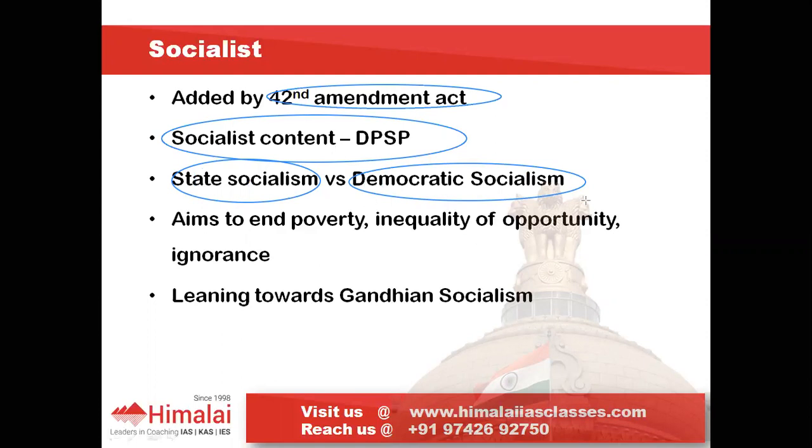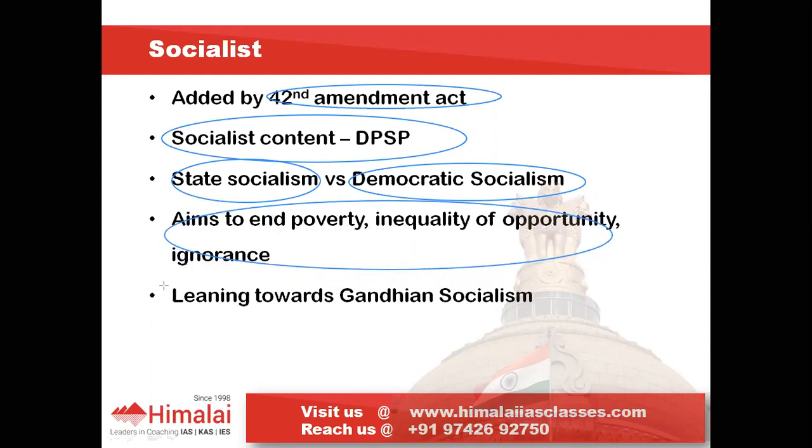Here we acknowledge the presence of private as well as public industries. It means the state will have some means of production, as well as private industries being allowed to thrive. That's what is known as the mixed economic model. Democratic socialism aims particularly to end poverty, inequality of opportunity, and ignorance.